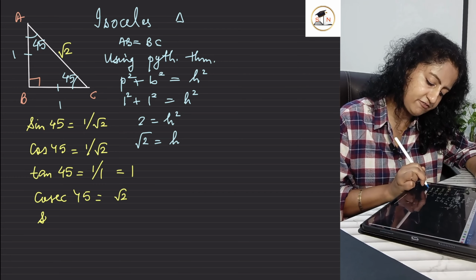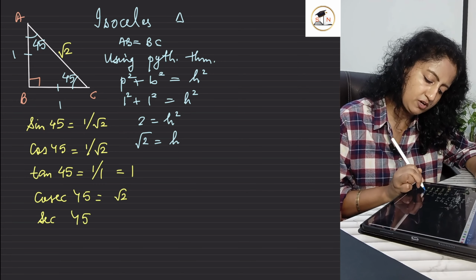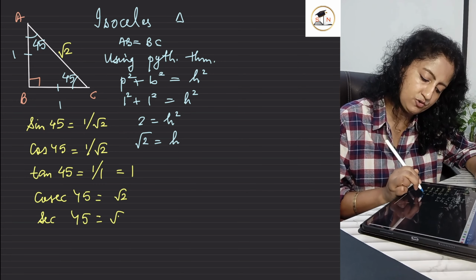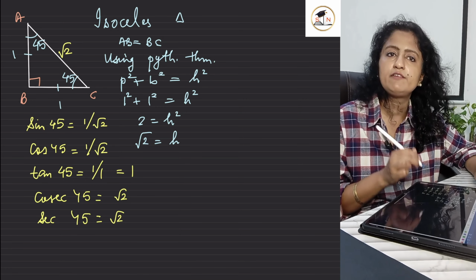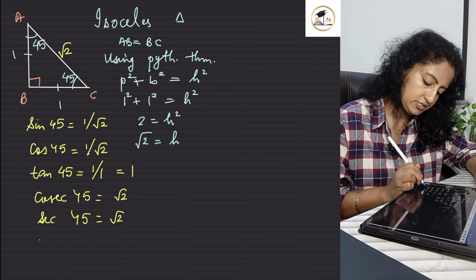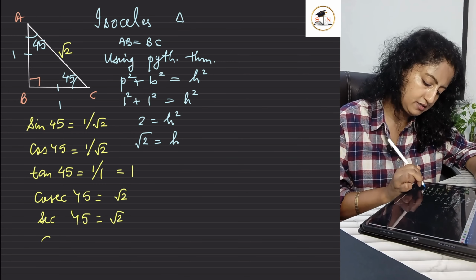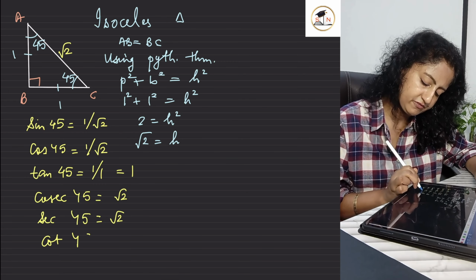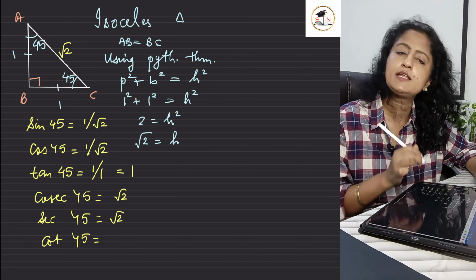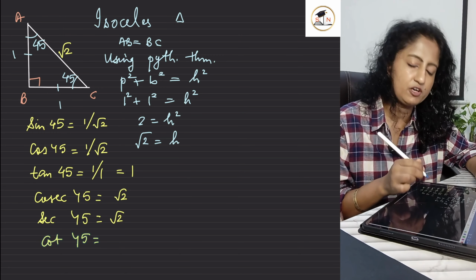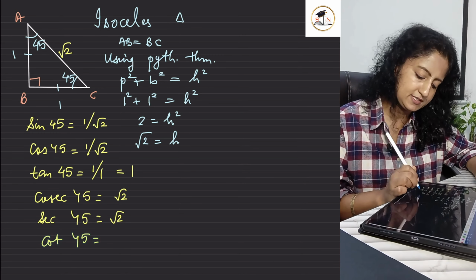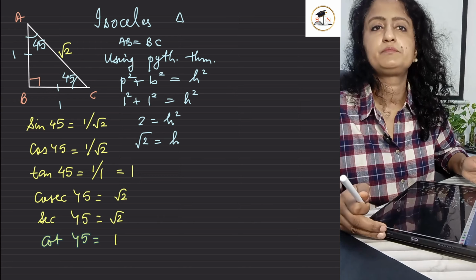Next, sec 45, reciprocal of cos. It is again root 2. Sine और cos 45 same थे, right? So अब क्या मिलता है last? Cot 45, right? Cot 45 क्या होता है? Reciprocal of tan. Tan 45 was already 1. So 1 का reciprocal is 1.